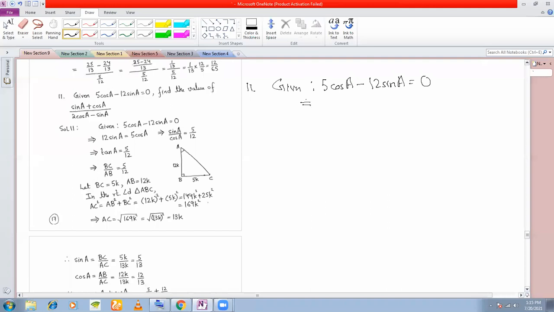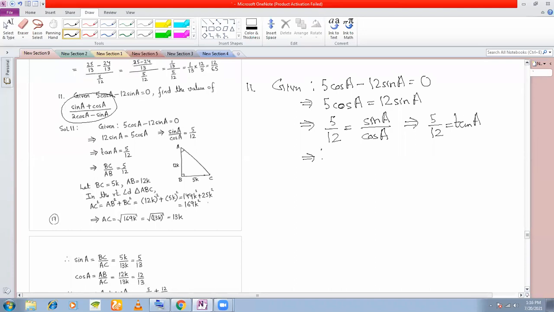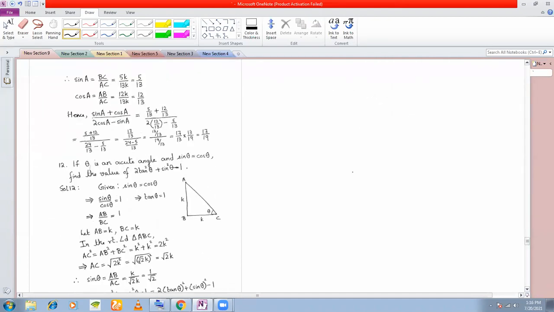Now you have to find out the value of this, but first let us simplify this. 5 cos A is equal to 12 sin A. That means you can write this as 5 by 12 is equal to sin A by cos A. That means 5 by 12 is equal to tan A, right? Tan A you are getting as 5 by 12. Okay, not this problem. The next problem actually. The next problem we'll be doing in this manner.